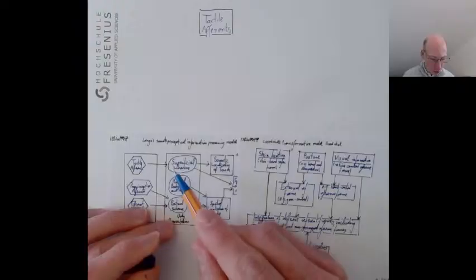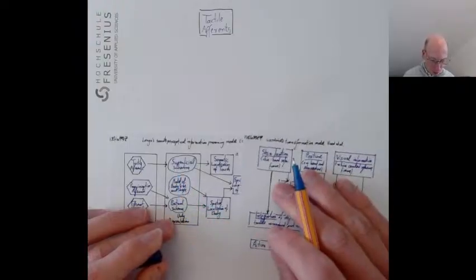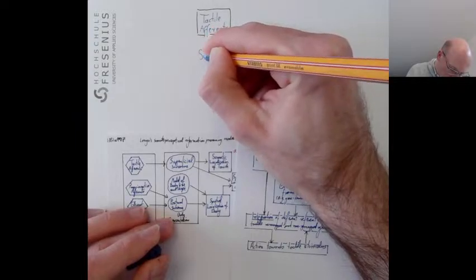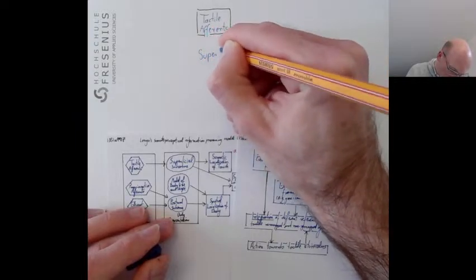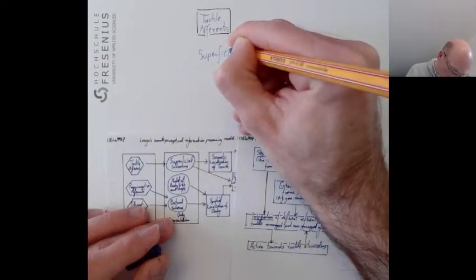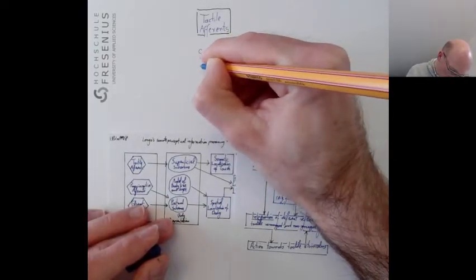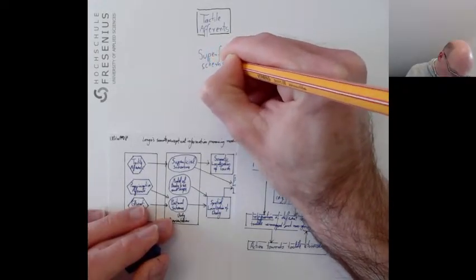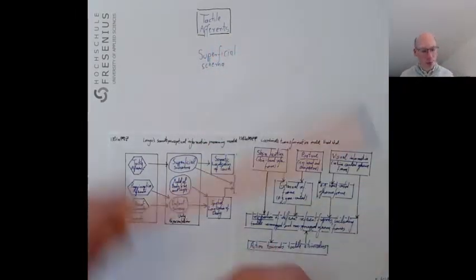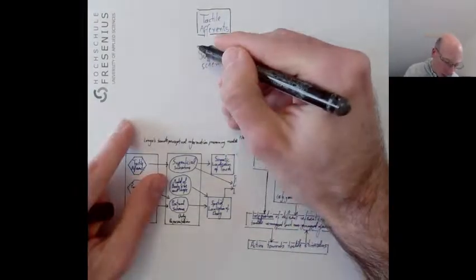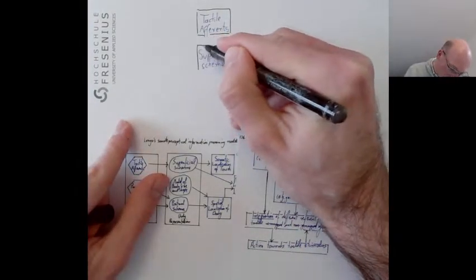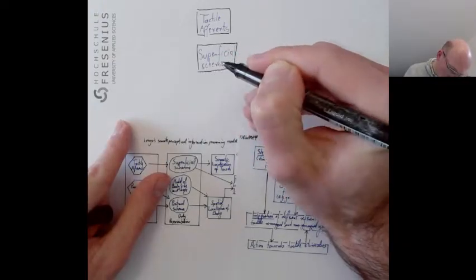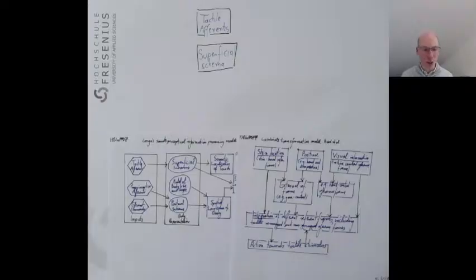I will use the term superficial schema. Superficial schema. Great. That is another function, even though both tactile afferents and superficial schema are actually nouns.